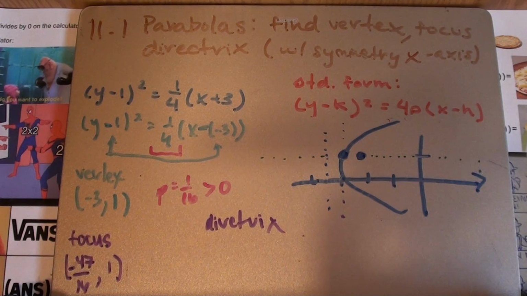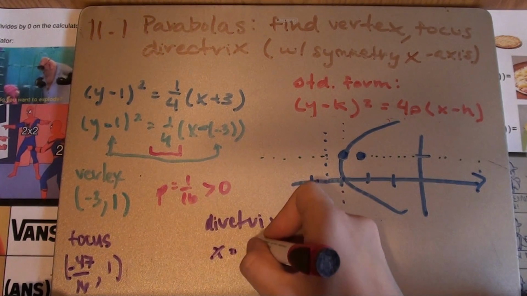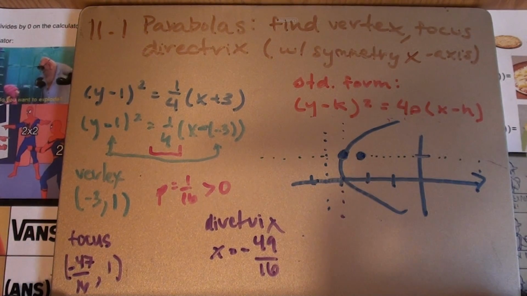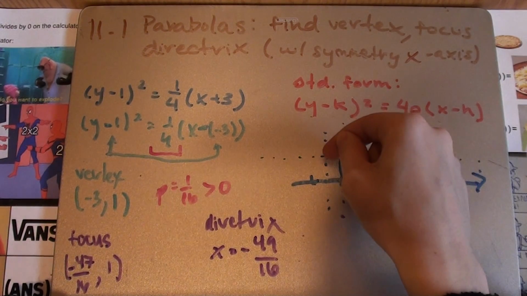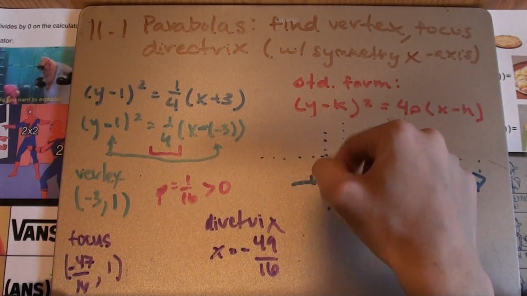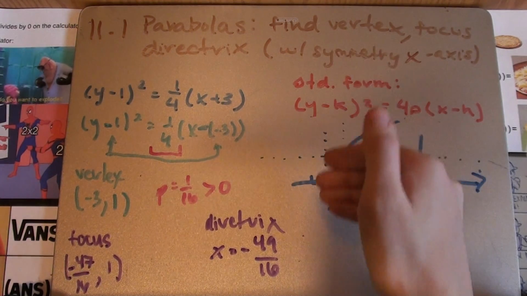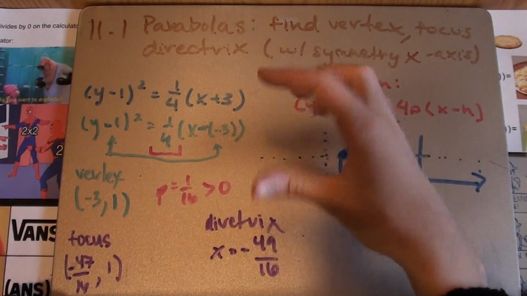Our equation for our directrix for the line is going to be -49 over 16, because we're moving our vertex to the left 1/16. So we're going vertical, so we know it's going to be an equation in terms of just x. So we're going to have x equals -49 over 16.